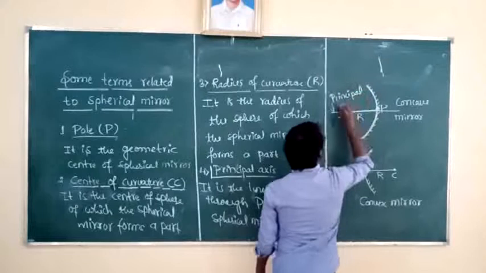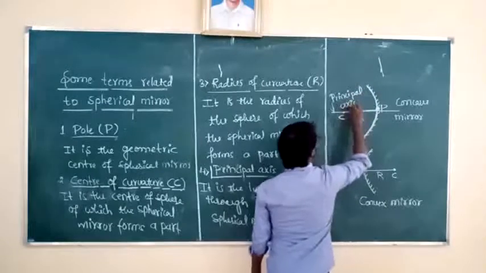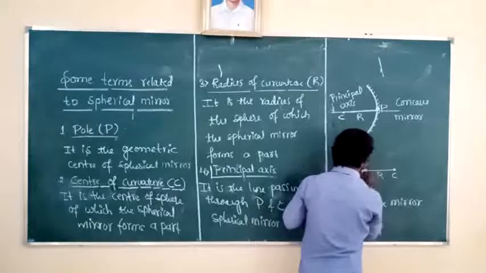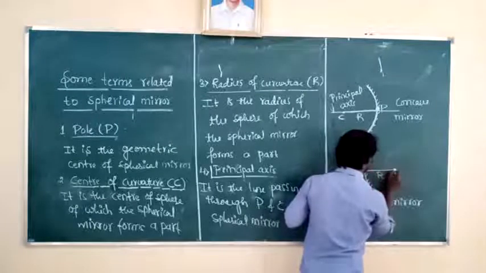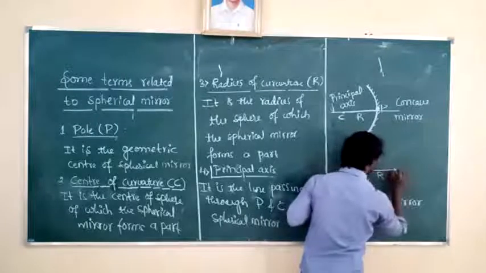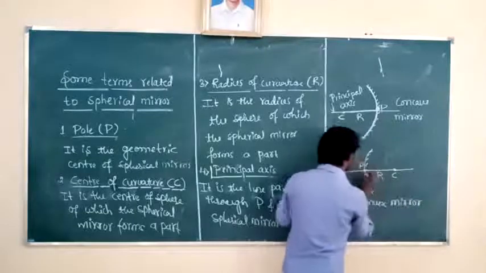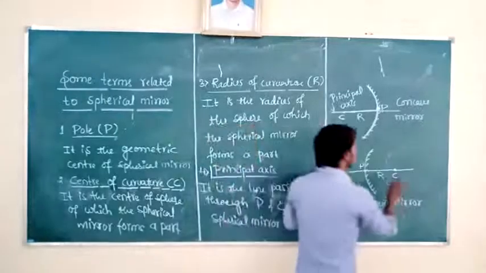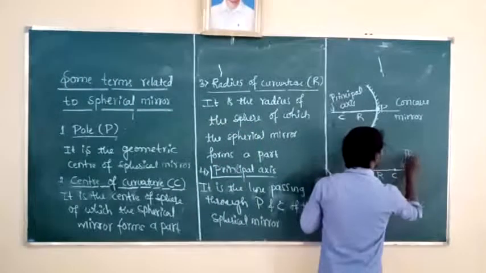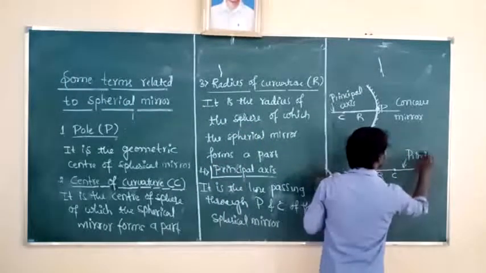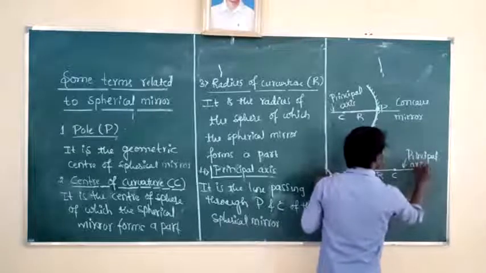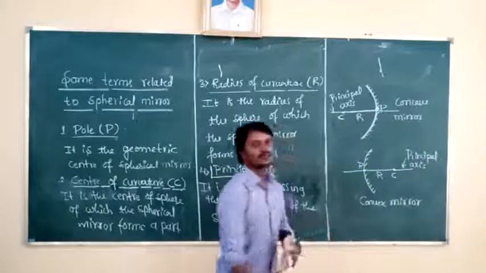Here also, the line passes through the center of curvature and is extended at the side C and at the side P. This line is again called the principal axis.